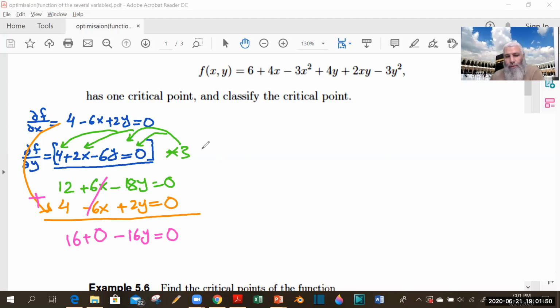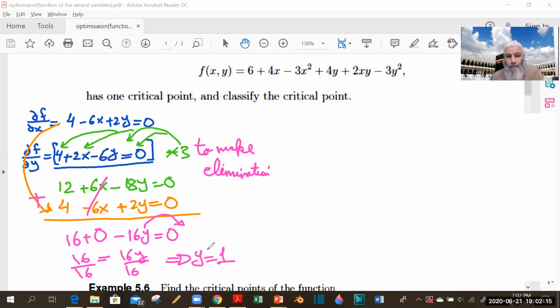We multiplied to make elimination. We eliminate the x to solve for y. So we take this to the other side, 16y equals 16. Divided by 16, y equals 1.